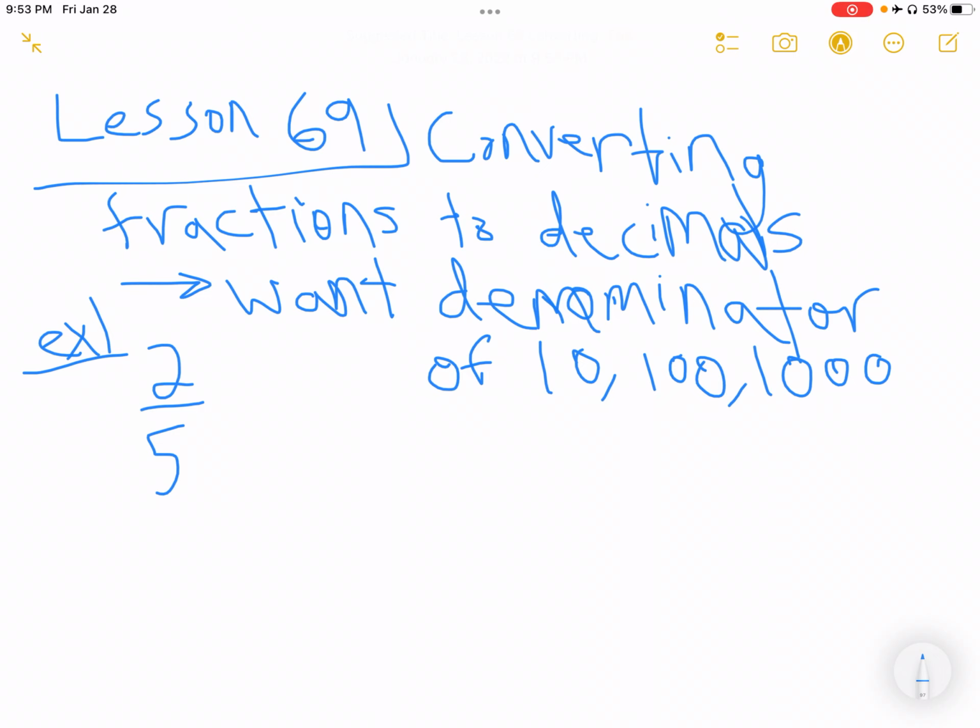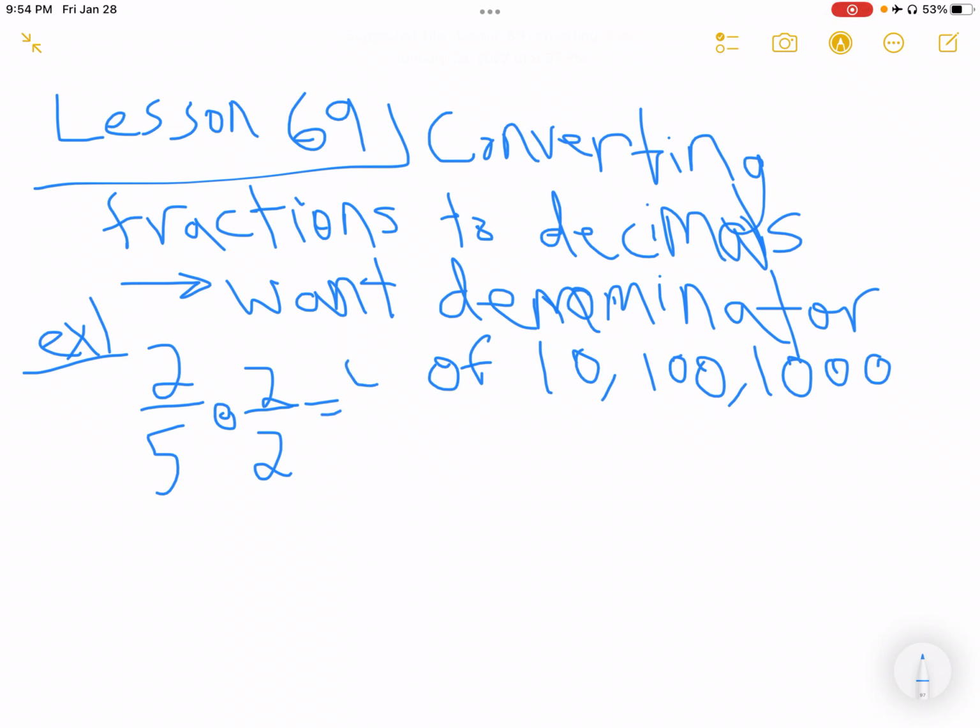In this example, it's pretty simple to see that we could make it 10. To do that, we'd multiply top and bottom by the number 2.